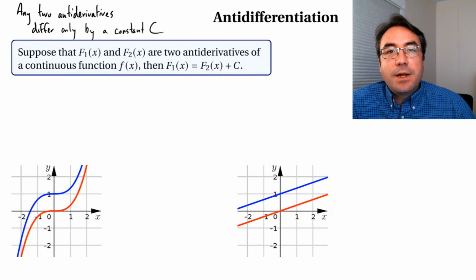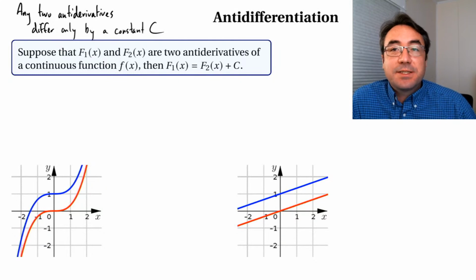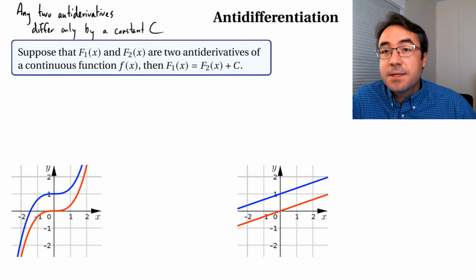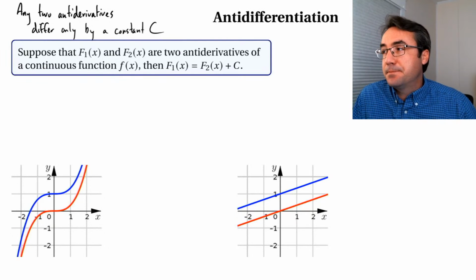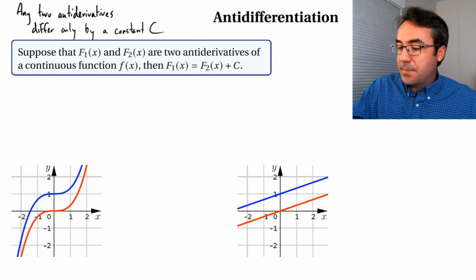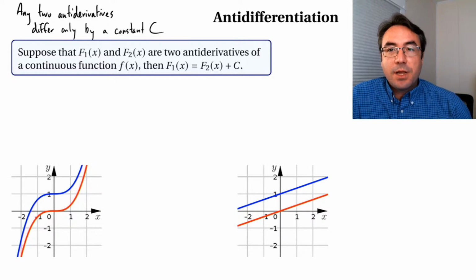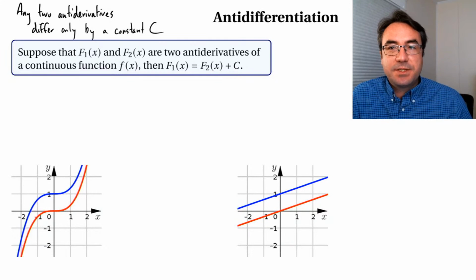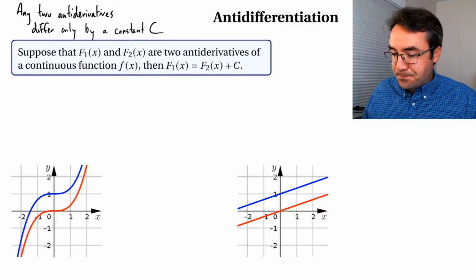So capital F1 is equal to capital F2 plus c, some constant c. We don't necessarily know what it is, but they differ by a constant. All right, so what does this plus c really mean that we're adding on to our antiderivatives?